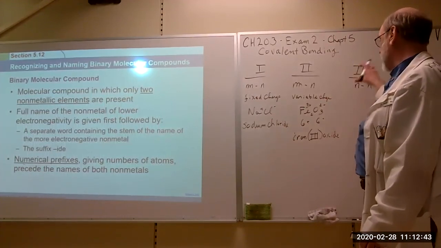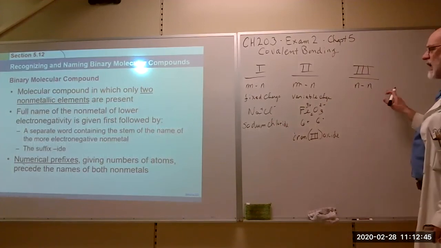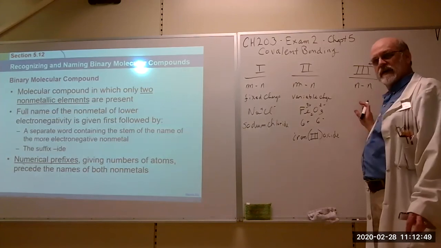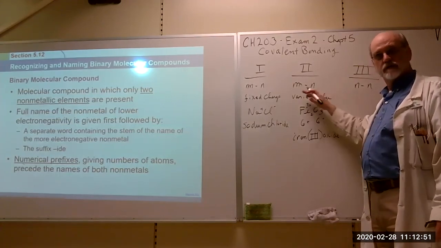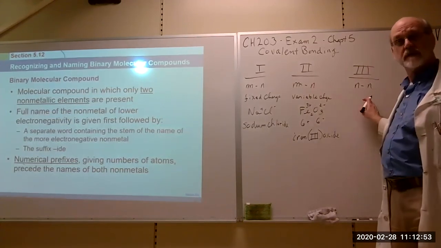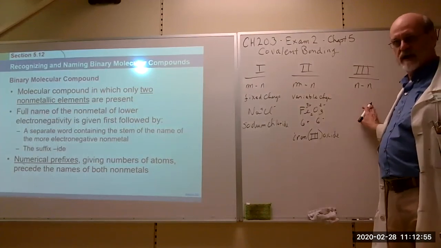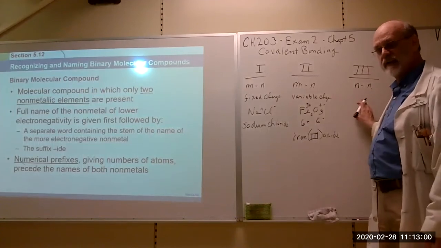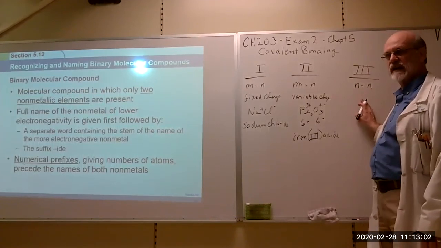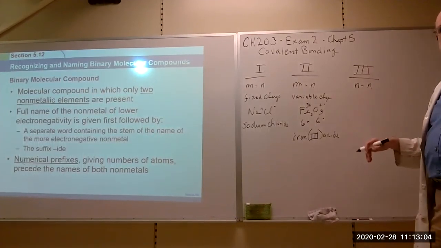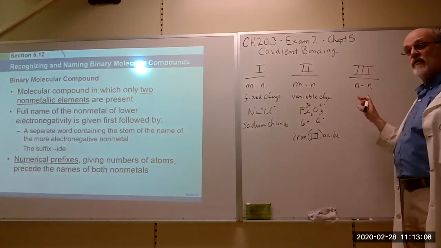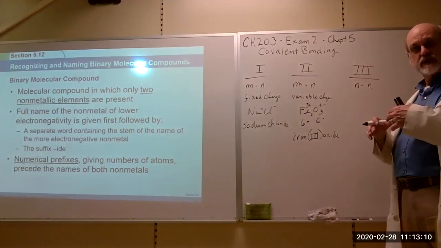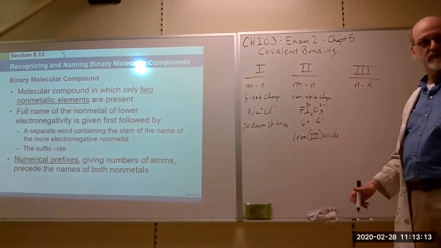Okay, so now to type 3s, nonmetal, nonmetal. We follow the binary ionic model for naming nonmetal nonmetals, but they are not ionic. They are covalently bound, but we use the model to name them. We just modify the model so that we say exactly how many atoms of each element are in the compound.